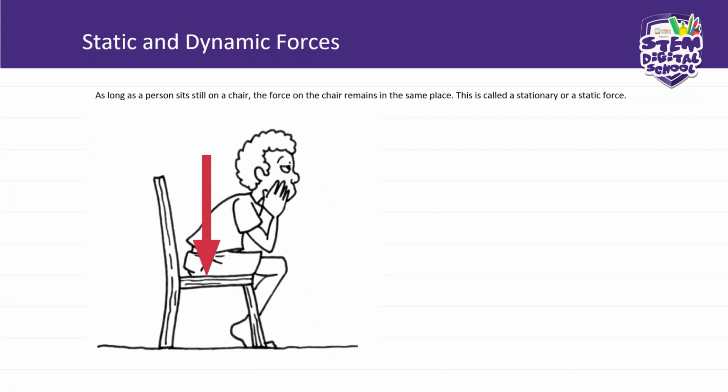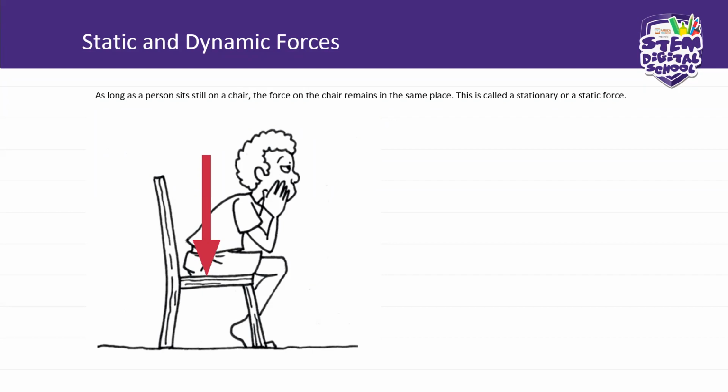Static force is the force that is exerted by a load that remains in the same place on a structure. Static force is force that is exerted by load that remains on the same place on the structure.